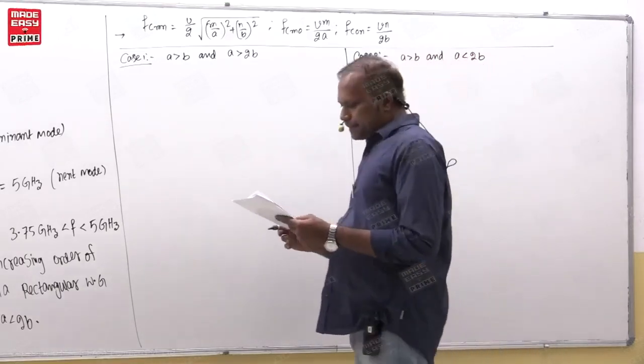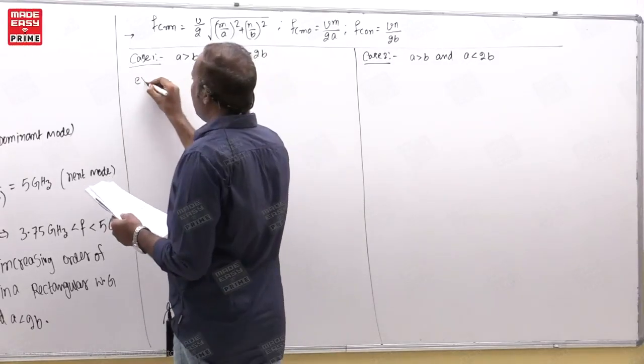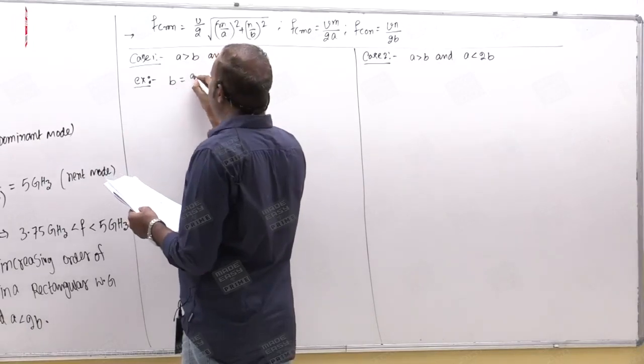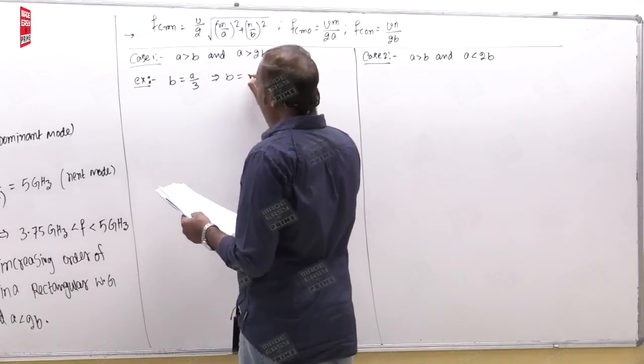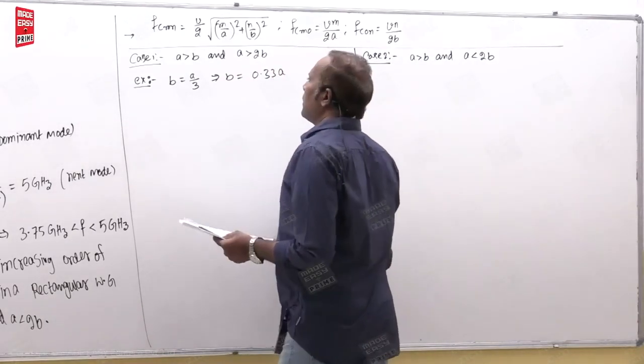We will see the calculation. So I will take an example here. After taking an example only we can solve. I will take B is equal to A by 3. That means B is equal to 0.33 A, students.